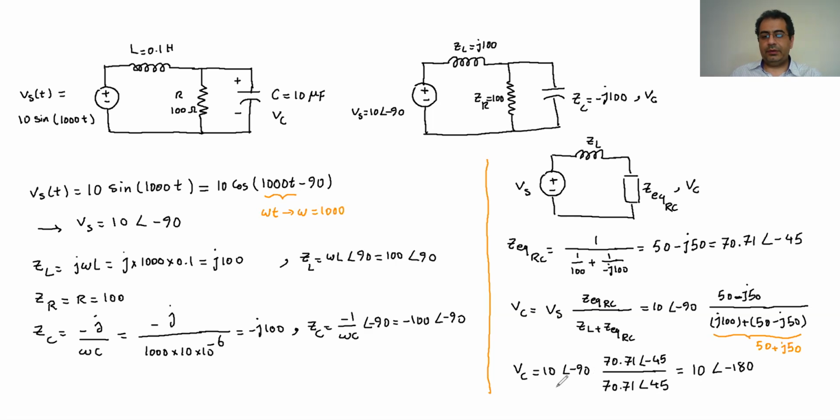So if I come here, this is the VC, and if I want it in time format, I can simply write it in the cosine format. So it's going to be 10 cosine of omega t plus theta, where omega t is 1000 t, and theta is negative 180.